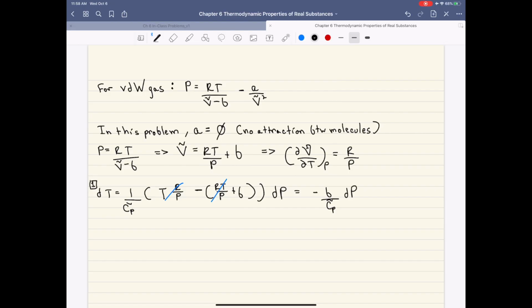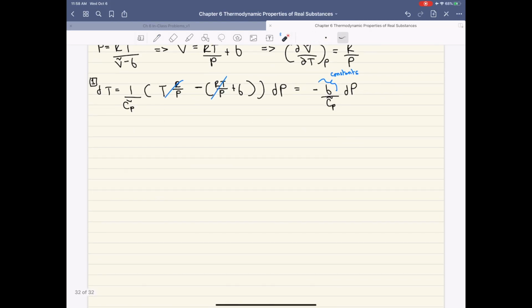where B and Cp, based on the problem statement, we're told are just constants. So our differential equation that we need to solve becomes very simple. This is a separable equation, and so we just need to integrate dT and dP.